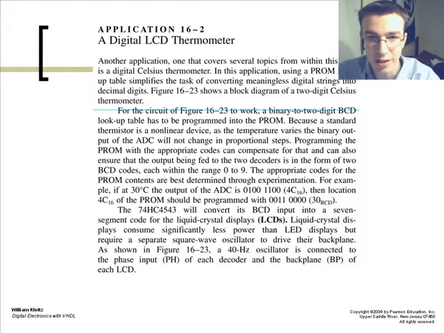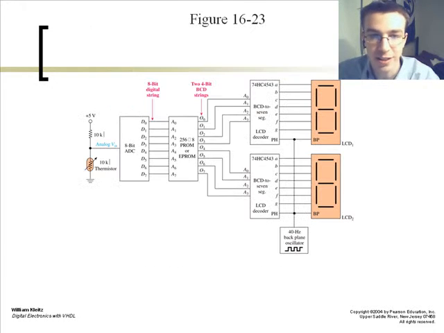Digital LCD thermometer. Another application that covers several topics from within this text is a digital Celsius thermometer. In this application, a PROM lookup table simplifies the task of converting meaningless digital strings into decimal digits. This is done via the circuit. You have your 8-bit ADC with your thermistor.